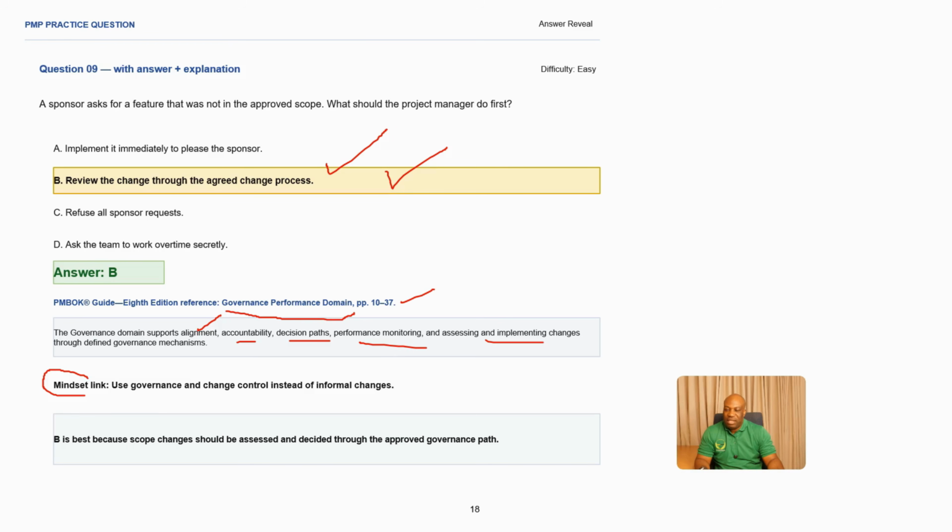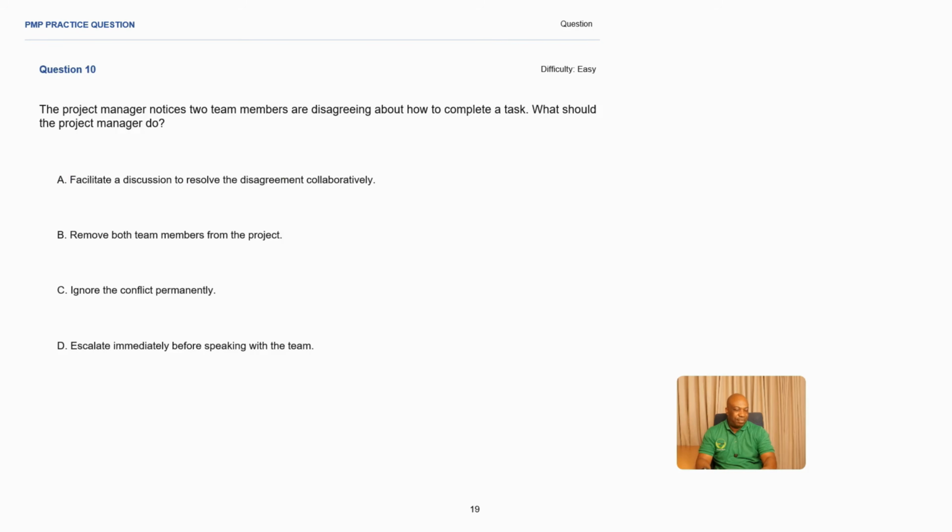We use governance and change control. This was a new feature being asked for, so it has to go through the formal change process, making B the best answer, because scope changes should be assessed and decided through the approved governance path.